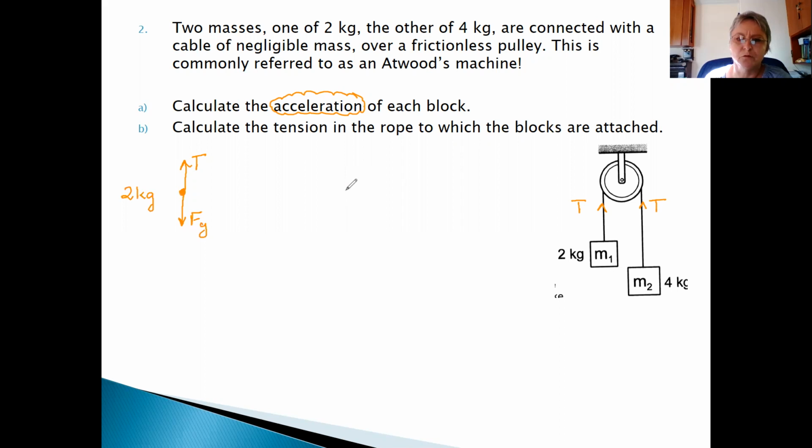For the 4 kilogram object, the Fg is down and the tension is up.